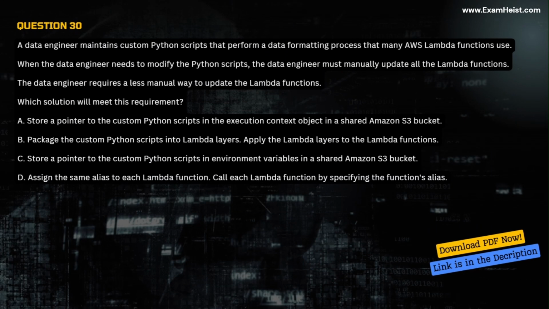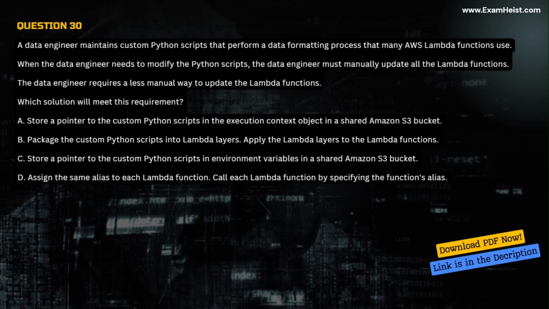Question 30. A data engineer maintains custom Python scripts that perform a data formatting process that many AWS Lambda functions use. When the data engineer needs to modify the Python scripts, the data engineer must manually update all the Lambda functions. The data engineer requires a less manual way to update the Lambda functions. Which solution will meet this requirement?